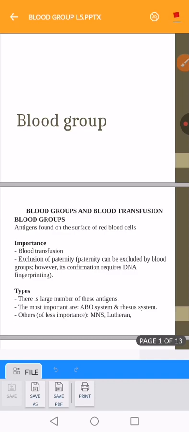The most important ones are the ABO system and the rhesus system. These are two important systems of that antigen. I'm going to talk slowly because I need all of you to understand how we classify the blood group and where that antigen and that blood group come from.